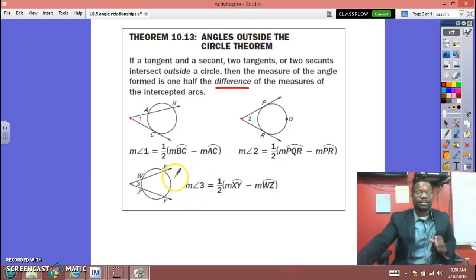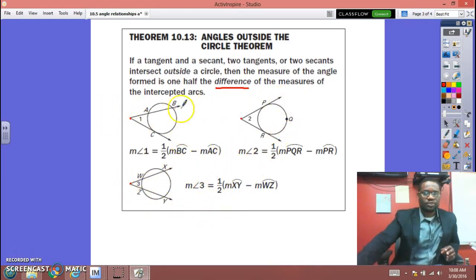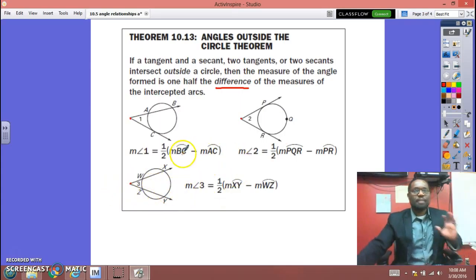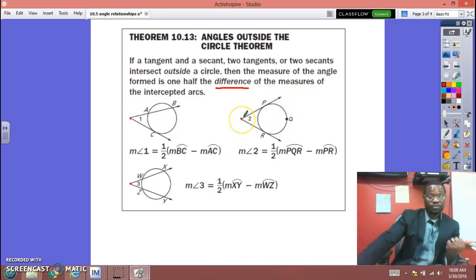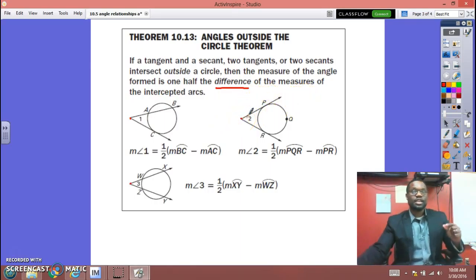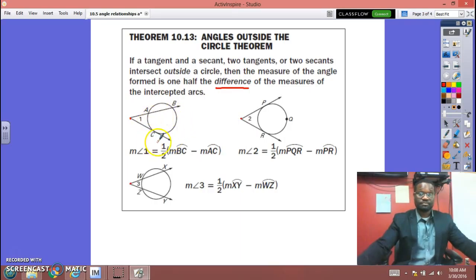It doesn't matter what kind they are, if it's a secant or a tangent, or two tangents, two secants. So I'm not going to focus much on that. Don't get hung up on that. What you need to do is understand where the vertex is first. If it's outside the circle, I have to subtract, then divide by 2.